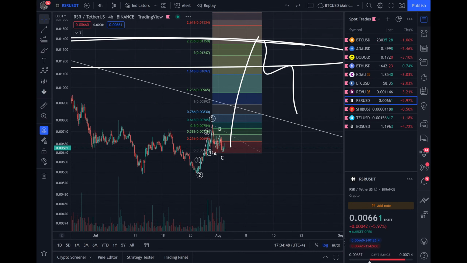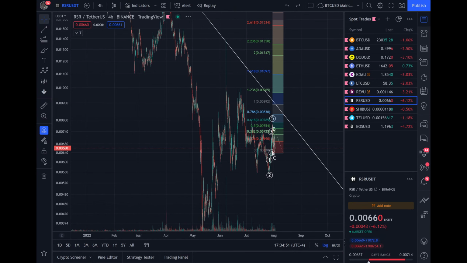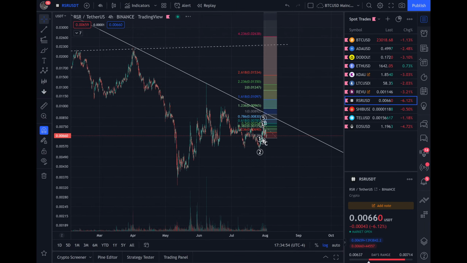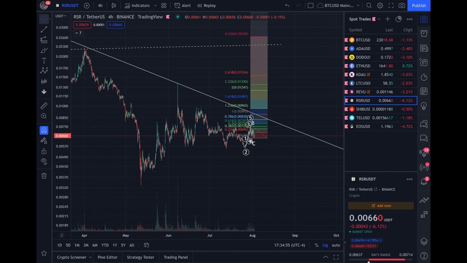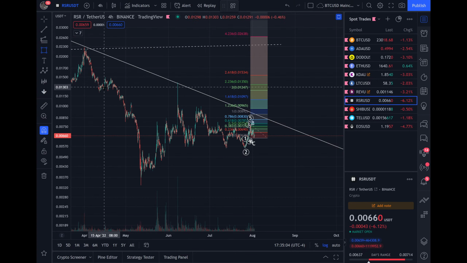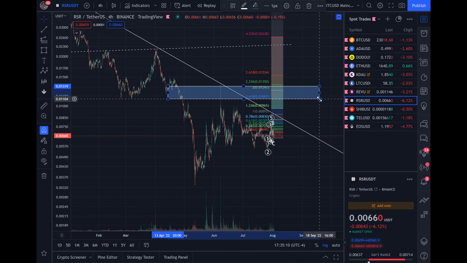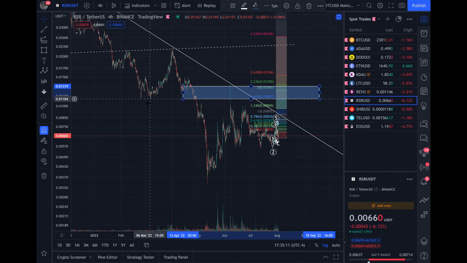Do you see that? So let's take this off. But just look at what's going on once you get into that 1618 to 2 region. Let me put a rectangle here. You're getting a lot of resistance of previous price action.